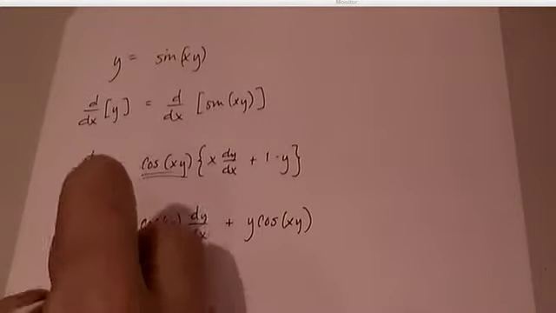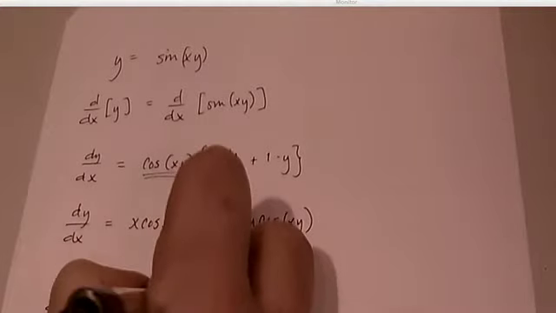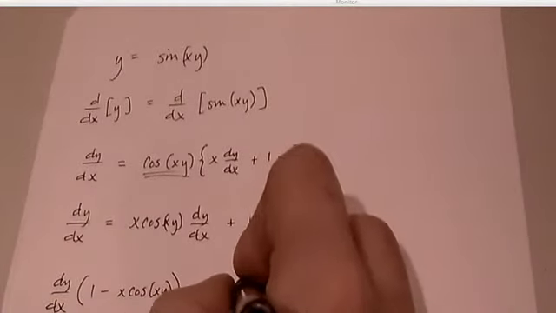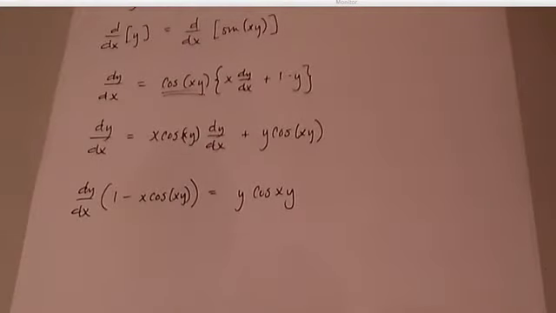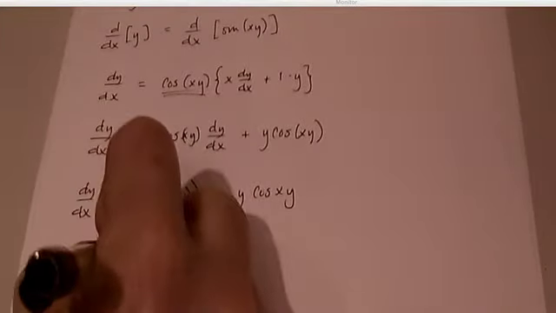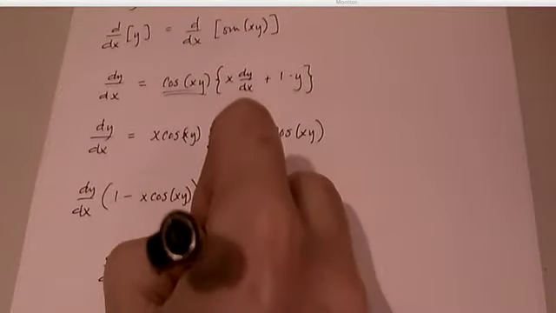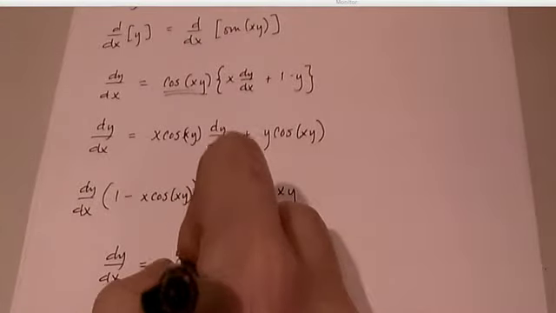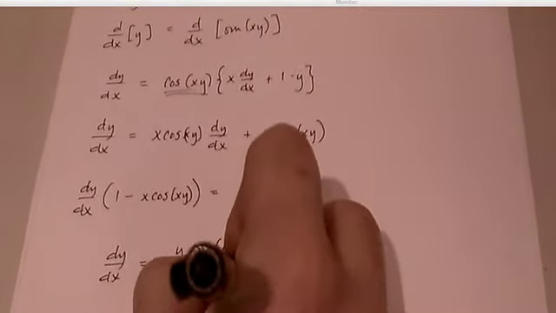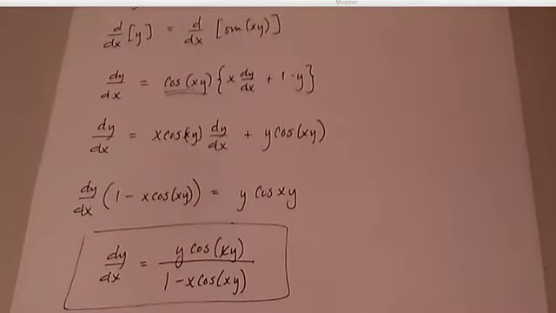So once I've pulled it over to the other side and factored it out, I'm going to have that. Okay? And then in order to solve for dy dx, it's simple division at this point. Dy dx is equal to y cosine xy over 1 minus x cosine xy. And that is the derivative of the original arrived at implicitly.